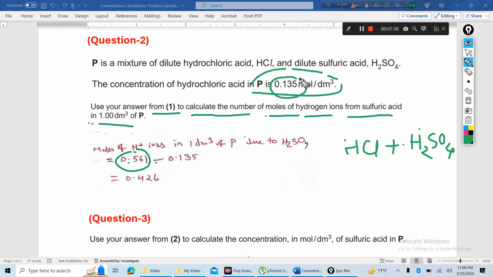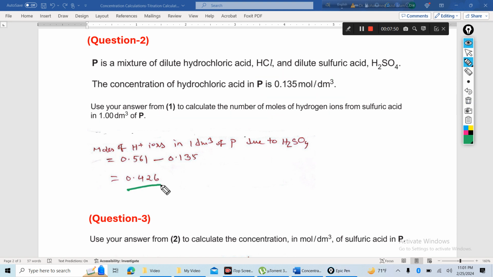If you subtract the hydrochloric acid value, you get moles of hydrogen ion in 1 dm cube of P due to sulfuric acid.